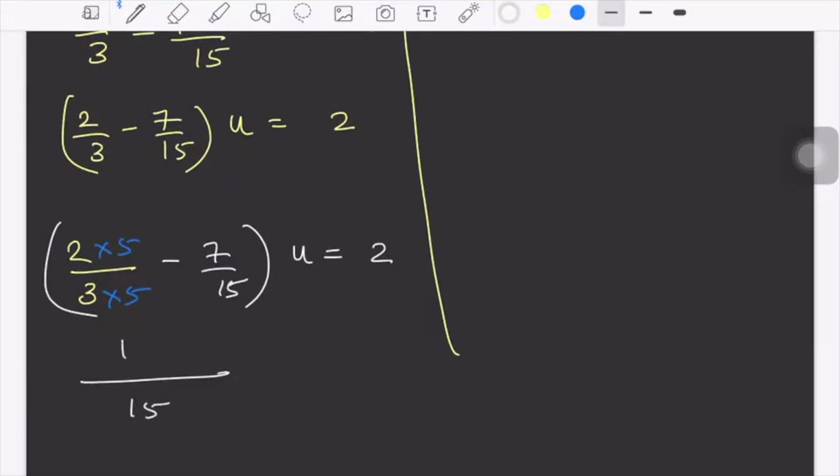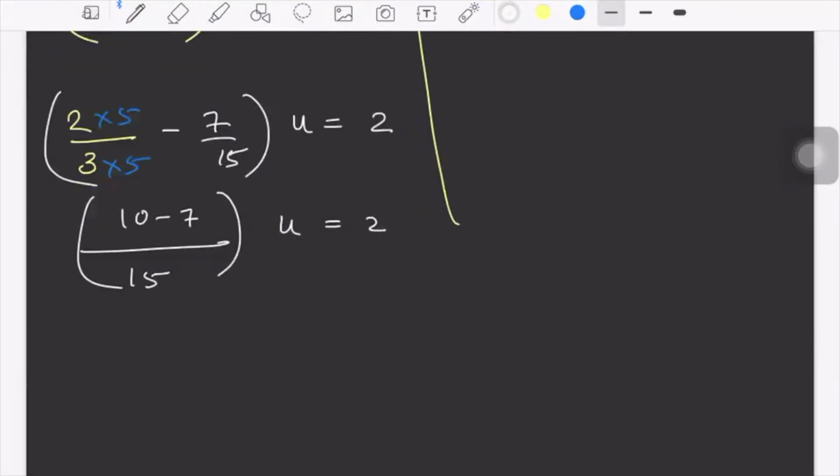So we have 10 minus 7 times u is equal to 2. So we have 3u divided by 15 is equal to 2. And 3 and 15 get cancelled off.